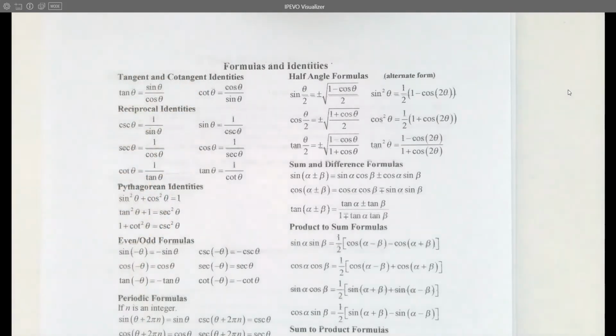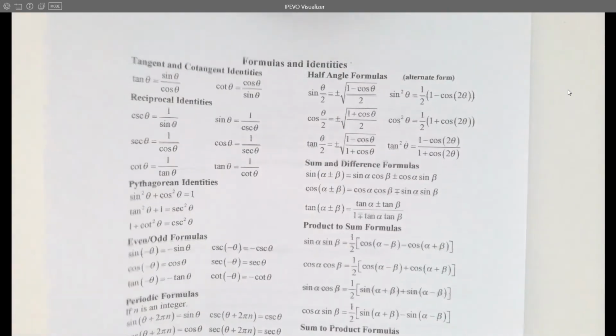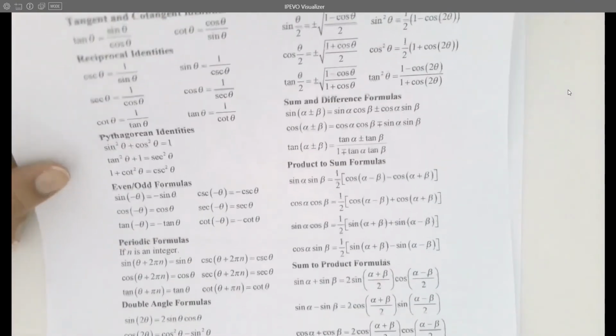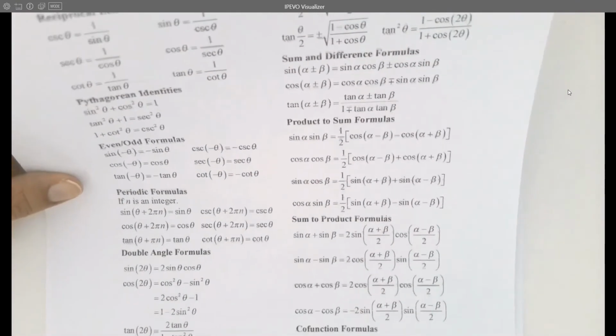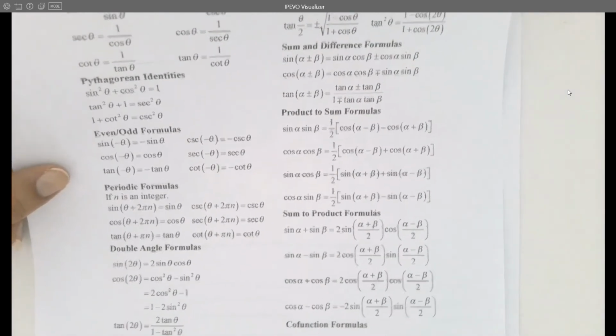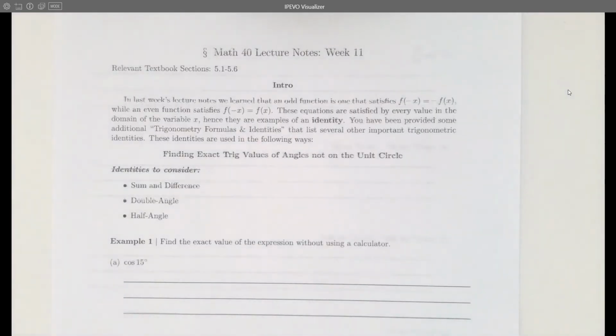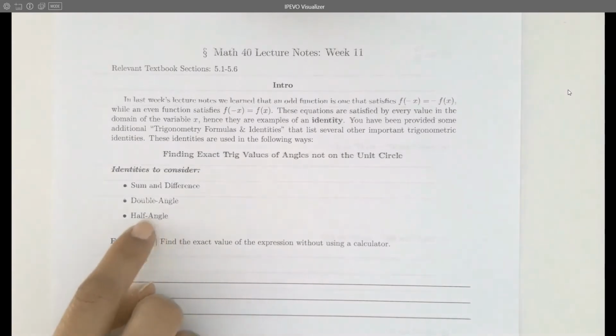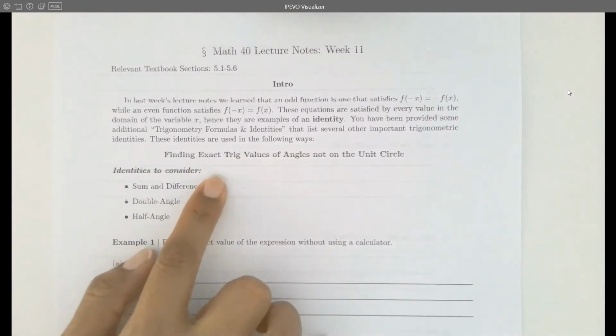And this contains several other equations that are true for any variable that you decide to plug in. So again, when you have that situation, then you have an identity. So we're going to be considering these to solve all of the problems in the lecture notes for the next couple of weeks.